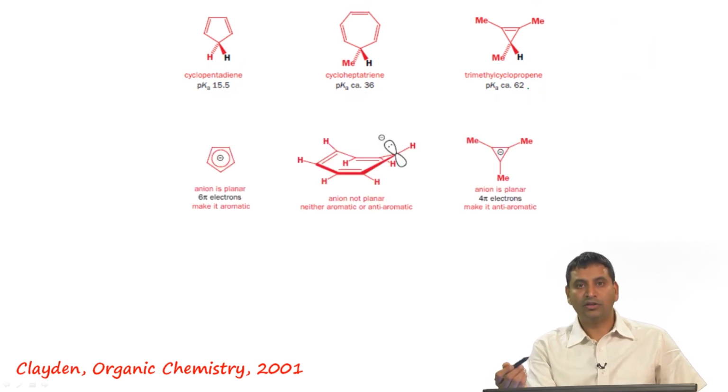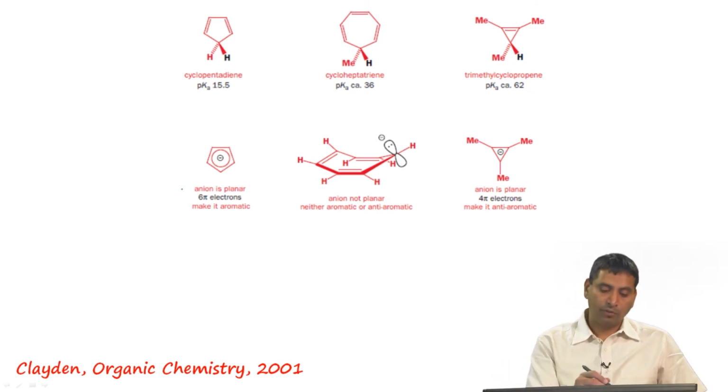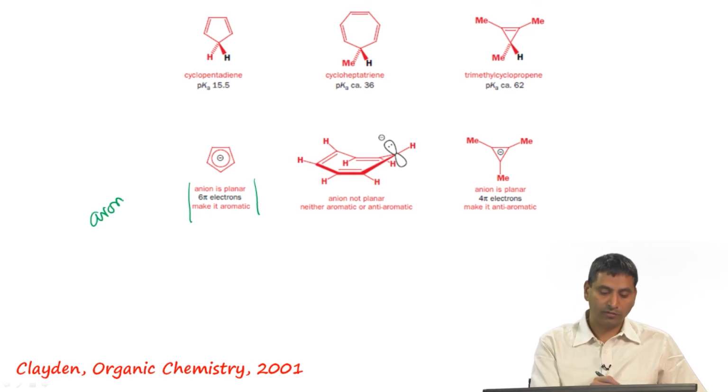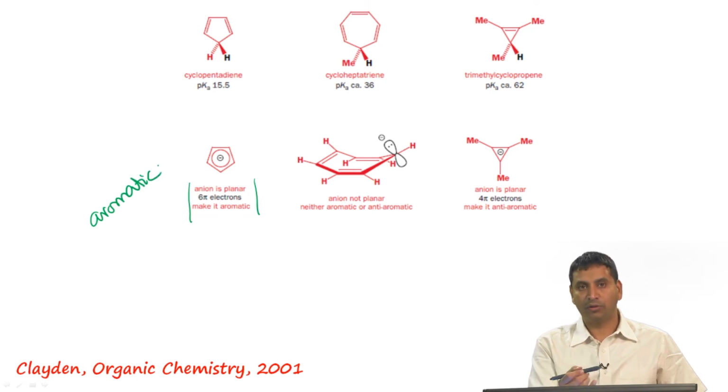Okay. So, this can be explained by invoking the concept of aromaticity. Again, because the anion that is formed has 6 pi electrons, and this, as we know, is aromatic, and aromatic compounds are generally more stable than the corresponding unconjugated molecules. Therefore, the possibility of aromaticity enhances the stability of the conjugate base.